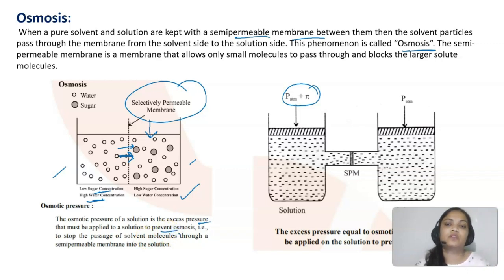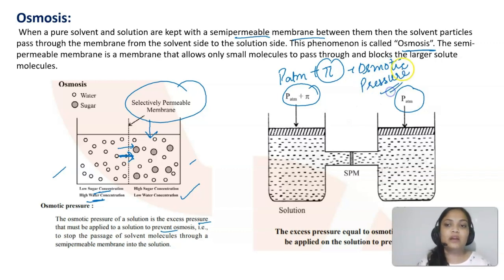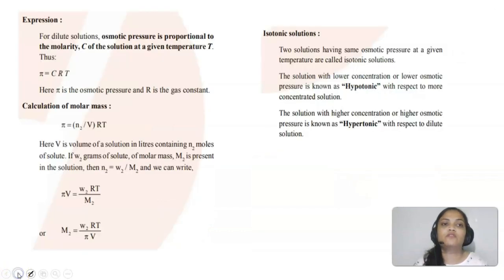Okay, so like here you can see this is the atmospheric pressure. In addition to atmospheric pressure, I need to apply some extra pressure which is denoted by pi, which is your osmotic pressure. And keep in mind that osmotic pressure has to be applied on the solution side. Okay, so what is the formula for this osmotic pressure?